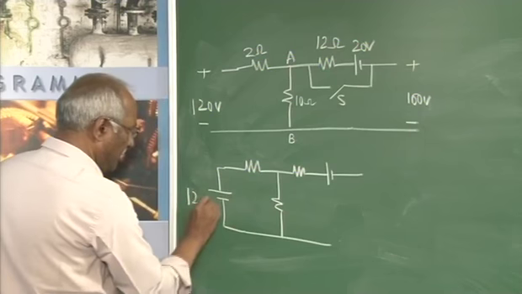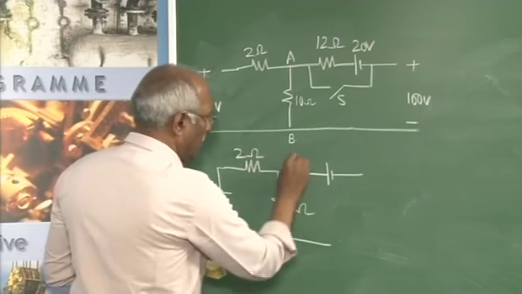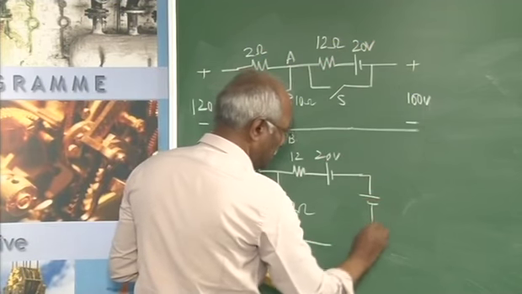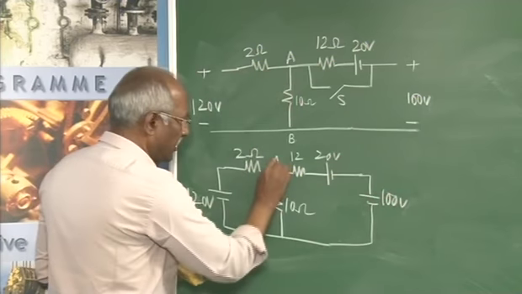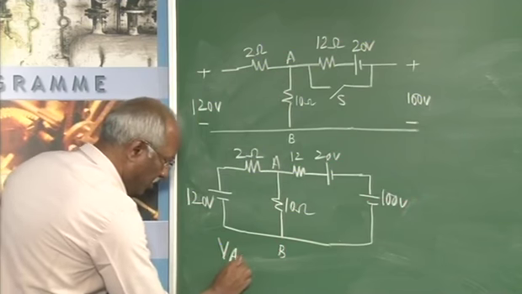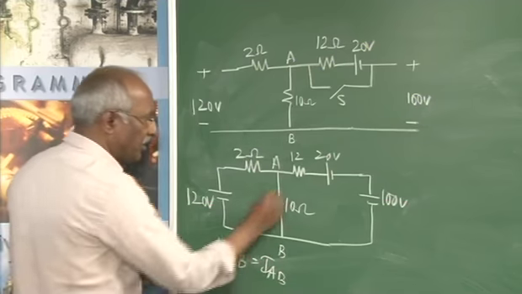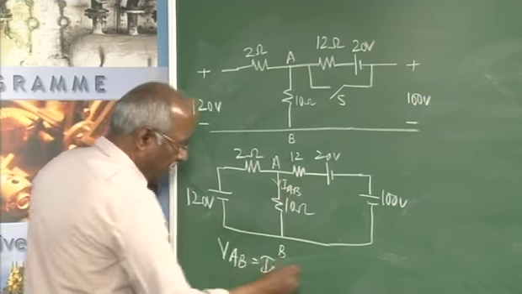This is 120 volt, 2 ohm, 10 ohm, 12 ohm, 20 volts, and this is 100 volts. This being A and B. Again, VAB will be equal to the current through the 10 ohm resistor, that's IAB, into 10.